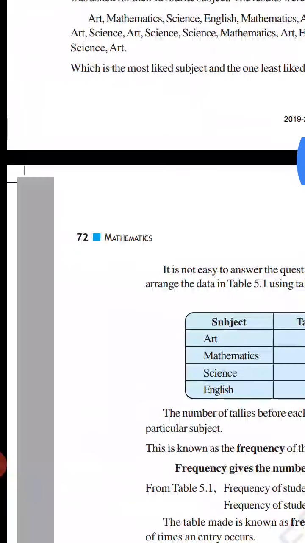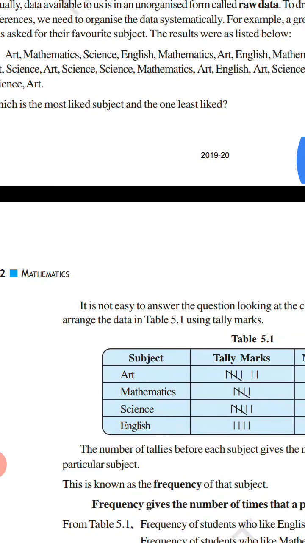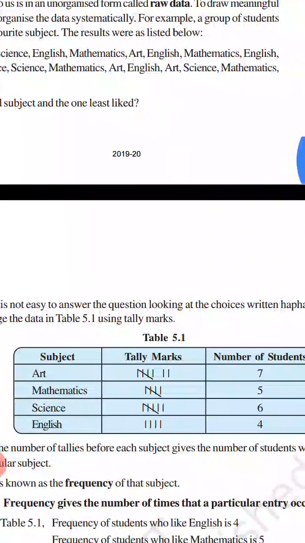So first of all, to make a table, you have to cross the first subject, art, and put a tally against art in the table. Again, mathematics, you cross it and put a tally here. Likewise, when it is 4, you cross it for the 5 number, and you write the corresponding frequency.